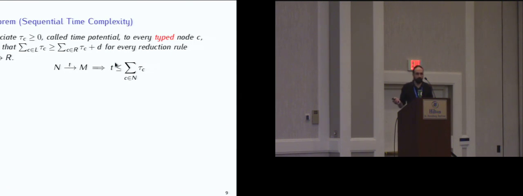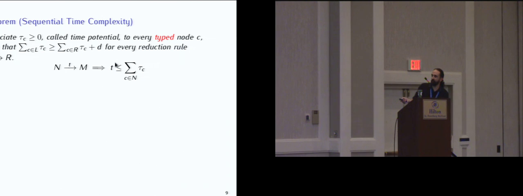OK, so now that we have added size annotations in our types, we can find a way to obtain the complexity of nets. For that, you use this theorem in the case of sequential time. This theorem says that for a net n, the duration of every reduction of the net will be bounded by a sum of potentials that are associated to the nodes in the net.